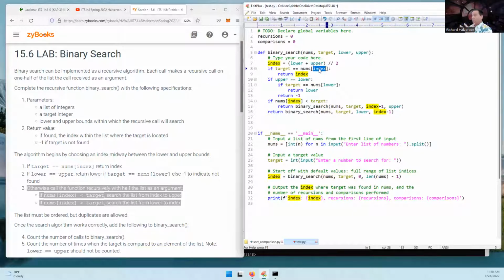In other words, we found it, lo and behold. So we return that, and that's it. If this isn't the case, then we're not returning and we end up here. And so here we check to see if the lower one is equal to the upper one. That means there's only one element there, the index.